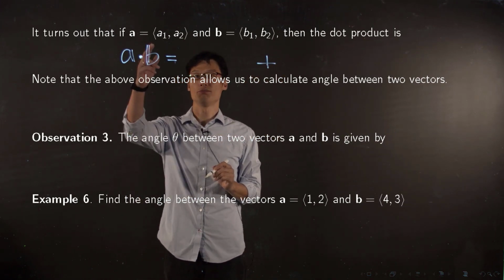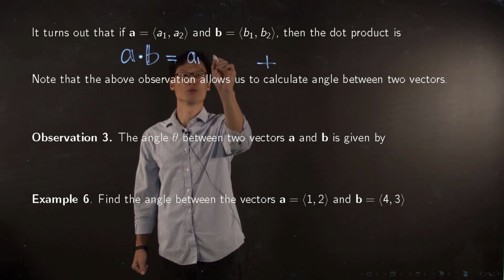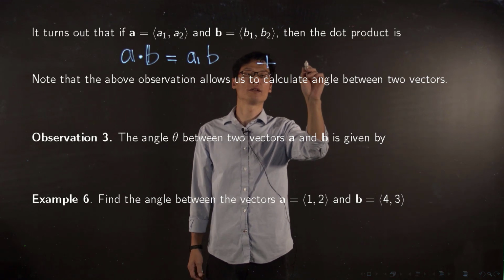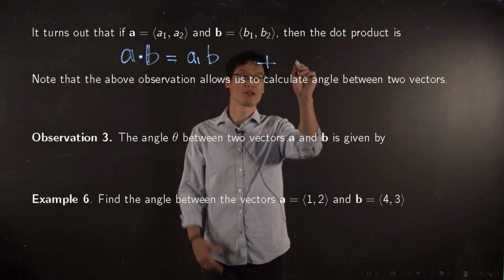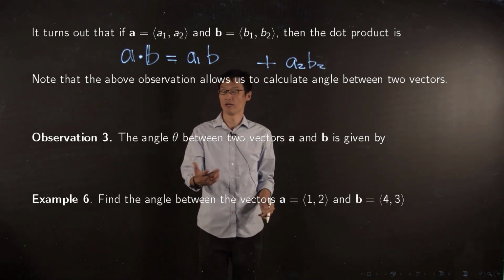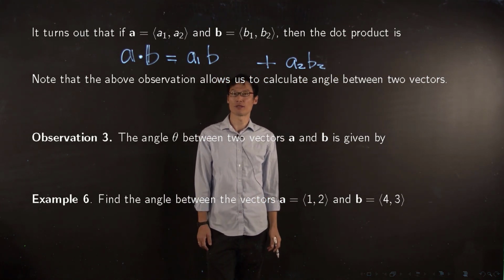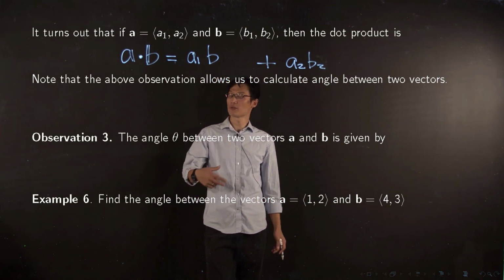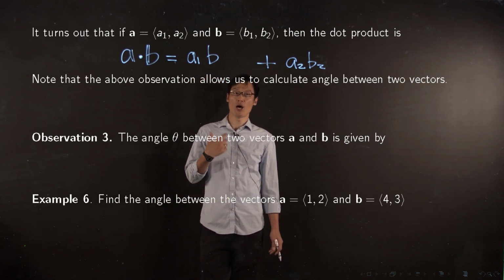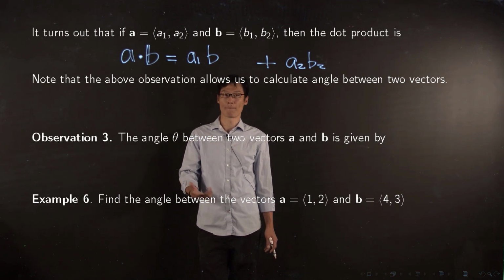You take the first components A1 and B1, take the product, and then you use the second components A2, B2. You simply add them up, then you will get the dot product. This alternative way of calculating dot product gives us a way to calculate the angle between vectors.